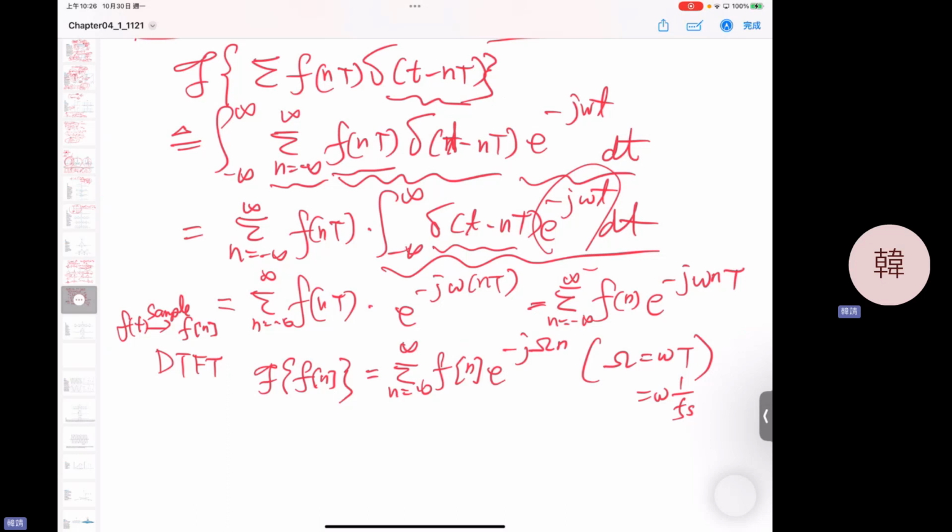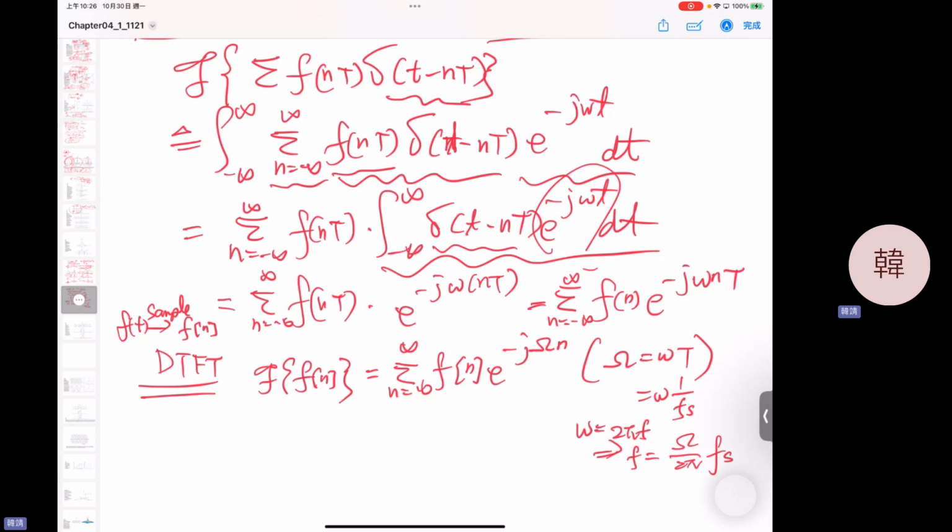Okay, so omega equals 2 pi f. So we can get a conclusion: the frequency here can be represented by this. Anyway, if you want to use it, you can see I can use different parameters to describe our frequency domain parameters. So it's a discrete time Fourier transform, right?